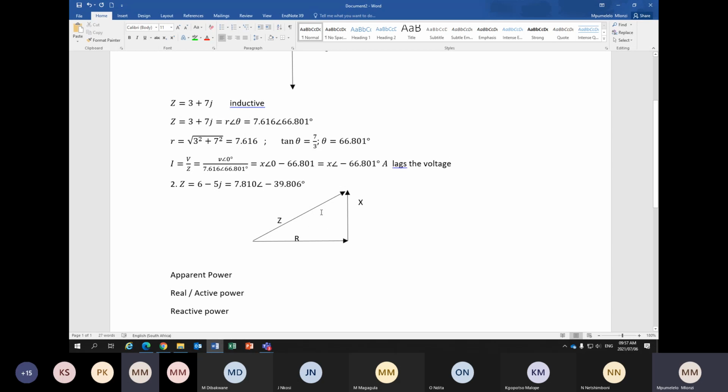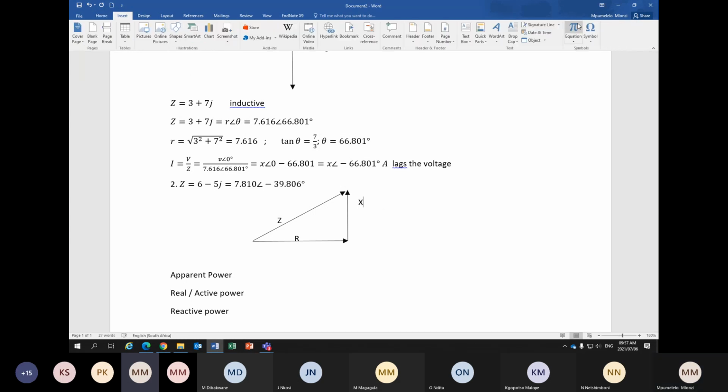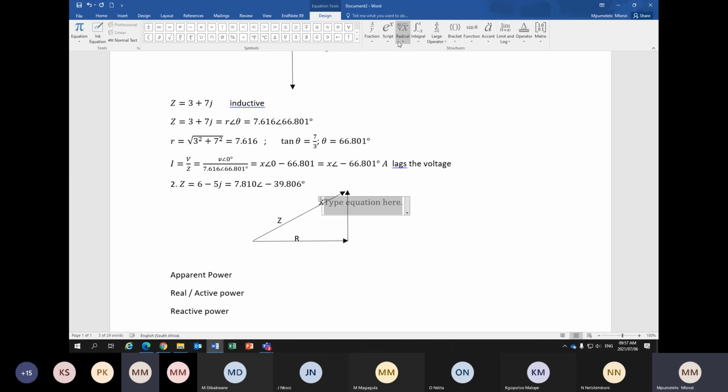Now, this is our triangle, but this X, it will be on the top side of the diagram if the XL is greater than the XC.